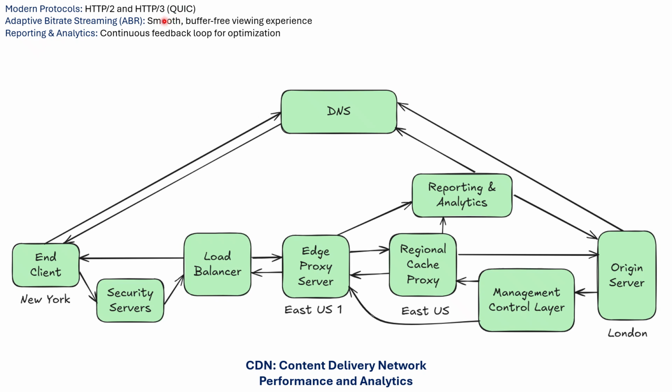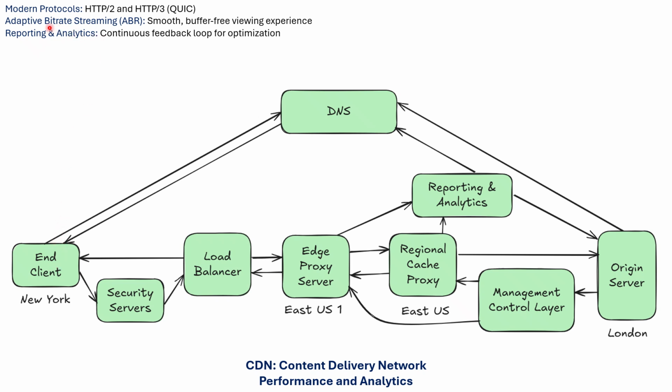HTTP/2 introduces multiplexing, allowing multiple requests to be sent over a single TCP connection, reducing overhead. HTTP/3 goes even further, using a new transport protocol called QUIC that provides faster connection setup and better performance, especially on mobile or lossy networks.